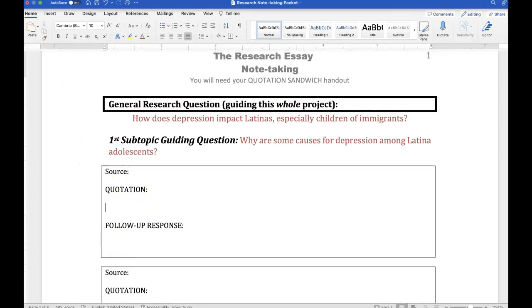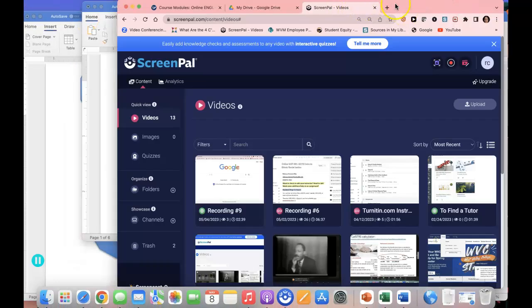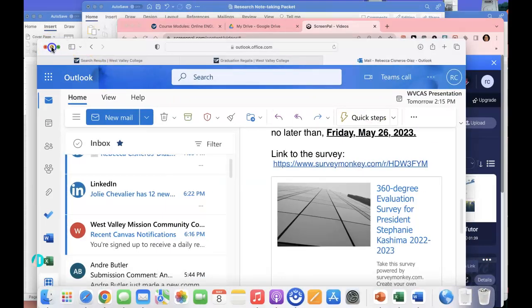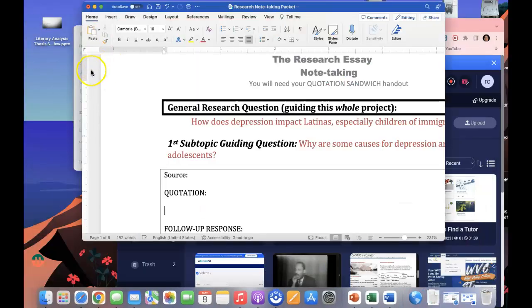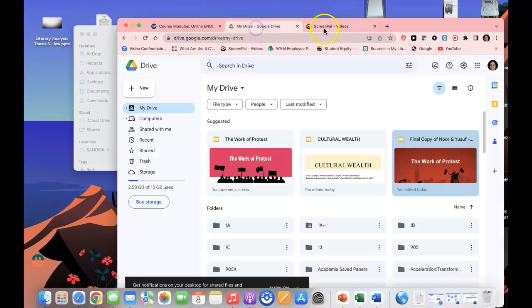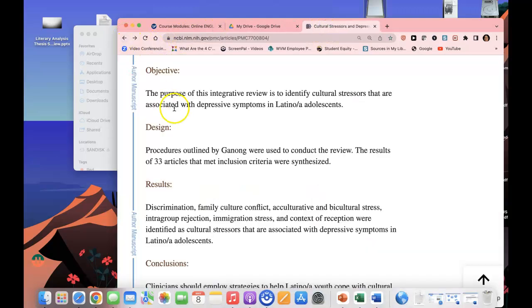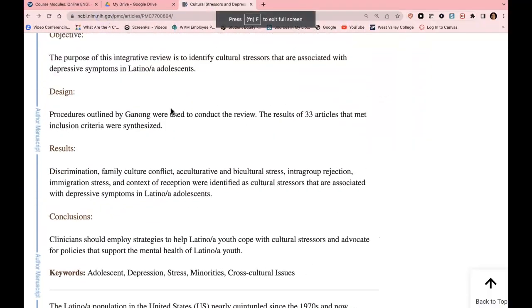But let's say that I'm reading this article. Where did it go? Nope, that's not it. Sorry, 1 second here. Okay, so let's say that I have this article here.